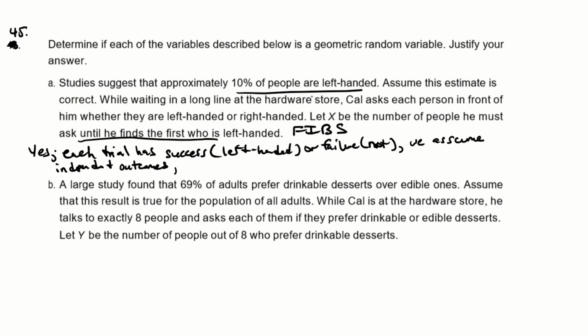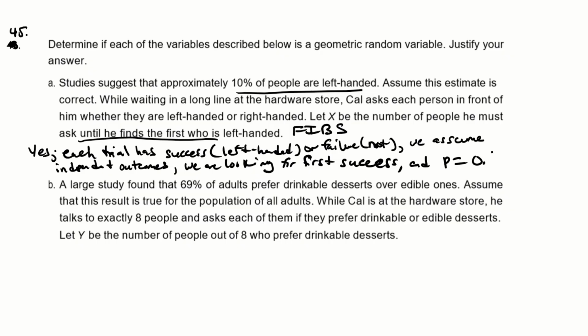Handedness is independent from one person to the next. So that's I. B, we did the binary first. So the number of people, the random variable. We are looking for the first success. That's the F in FIBS. And the probability of success is the same, and P is 0.10. Okay?